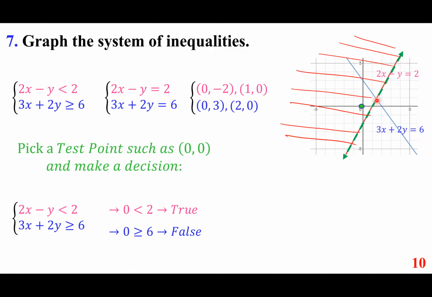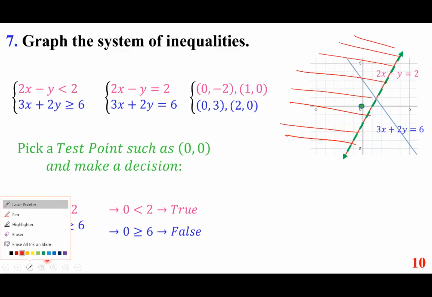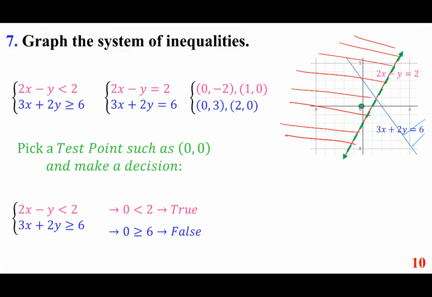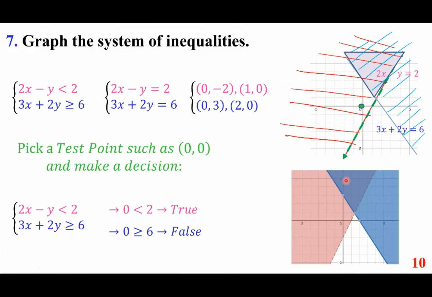So that means for the blue one, this side is not the solution. It's the opposite side. Red and blue come together because there are 1, 2, 3, 4 regions. They come together here. This is the solution, this region.